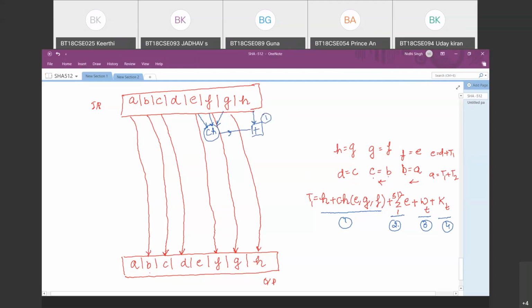What is my second one? Second one is summation operation from 1 to 512 of E. So summation operation हो गया. Whatever the output is generated from summation operation, it will be XORed with WT.